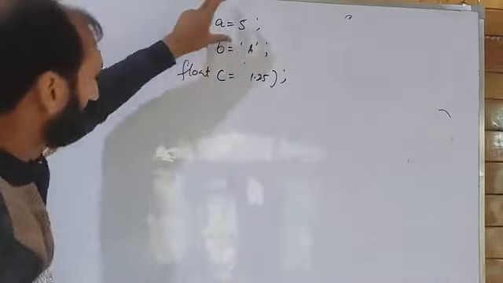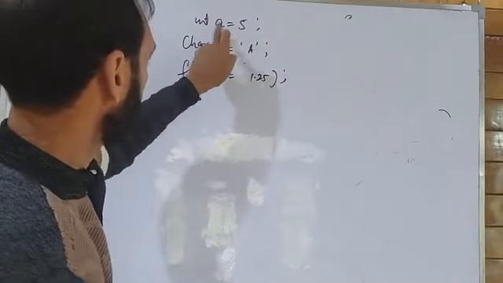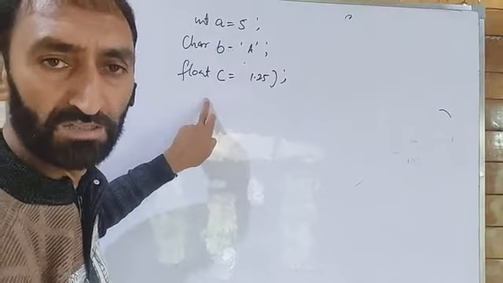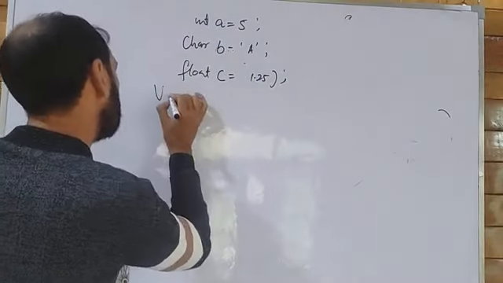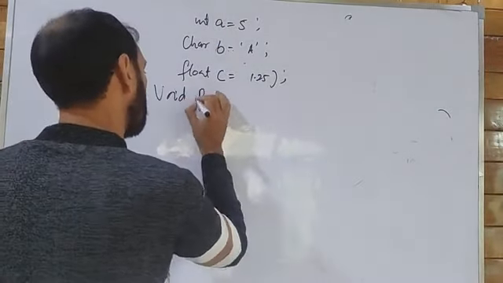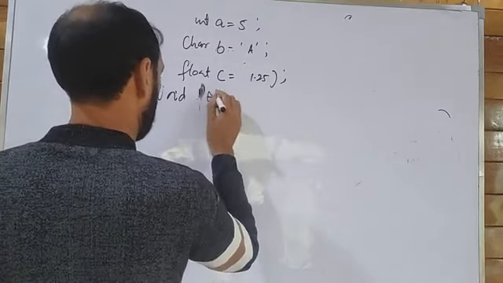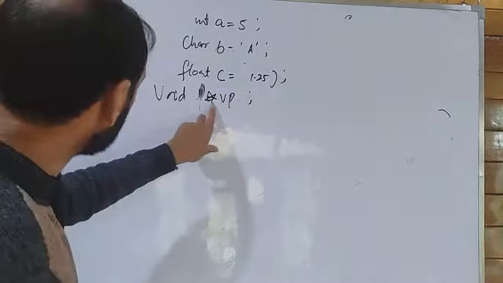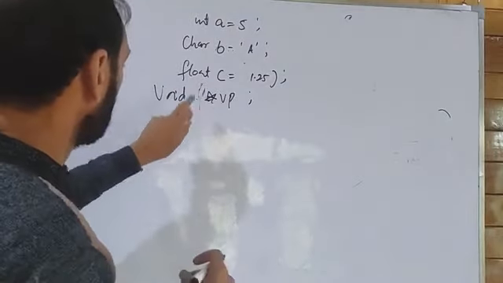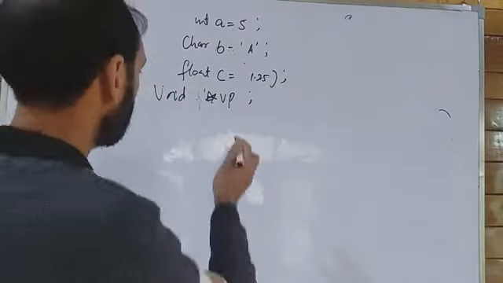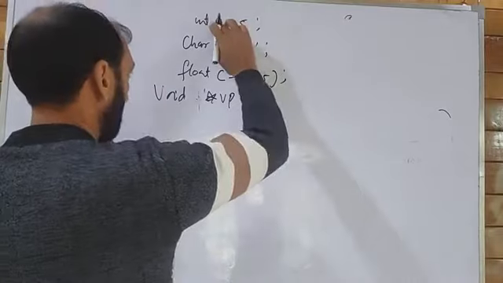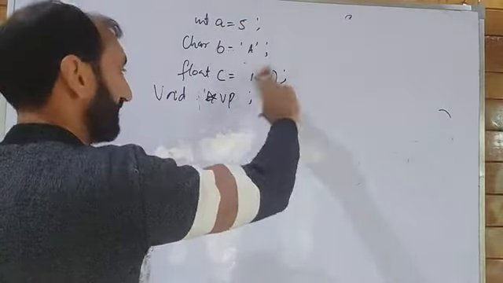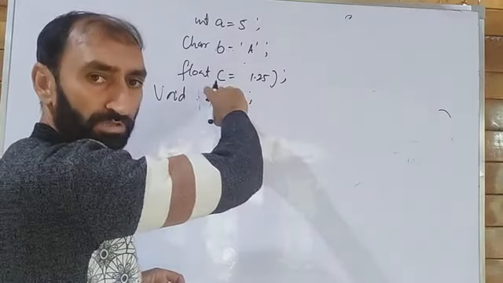In a program, I need all the data types: integer data type, character data type, as well as float data. And we can use only this void pointer VP, one by one, to store the address of a, then the address of b, the character data type, and then the address of the float data type.